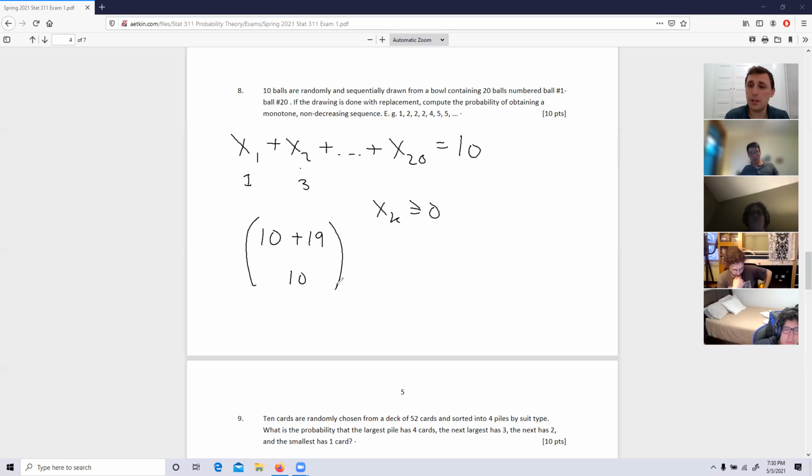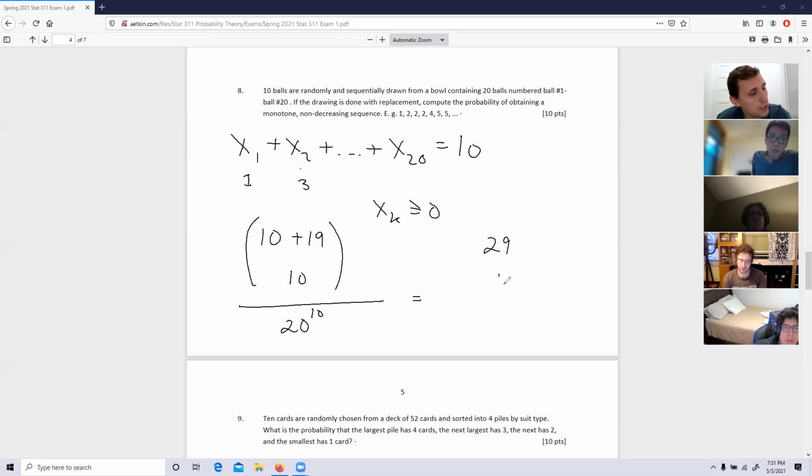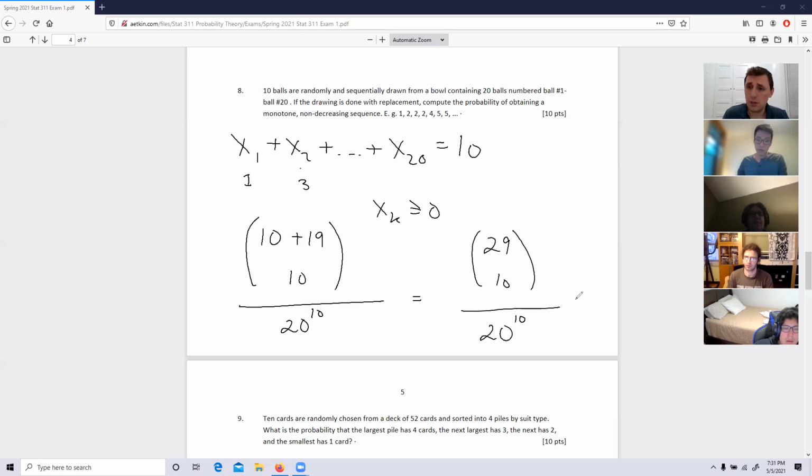You agree? This is my numerator, and my denominator is, if I gathered 10 balls out of 20, each of them can be any of the 20, so it's 20 to the power of 10. So my probability is 29 choose 10 divided by 20 to the power of 10. I can come up with another procedure if you want.